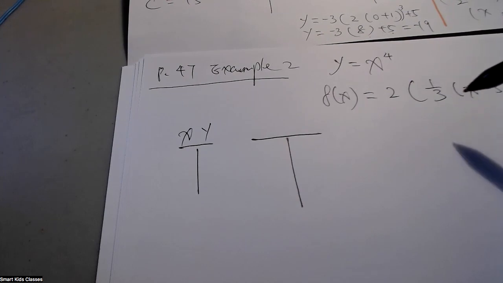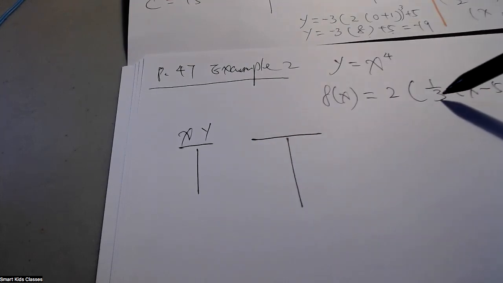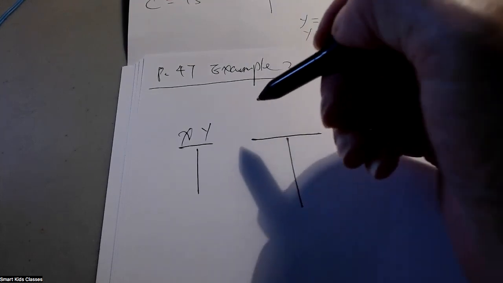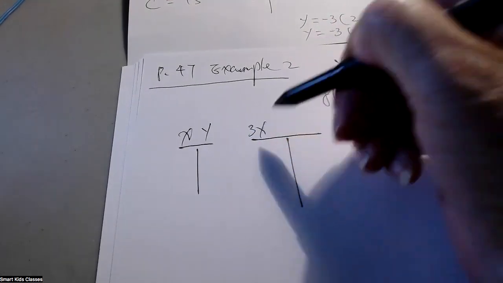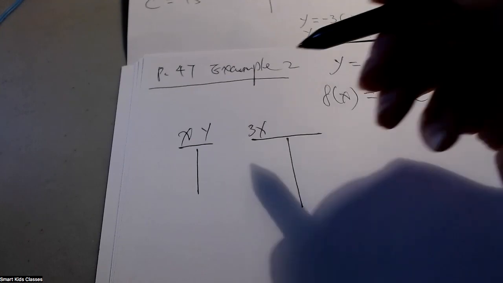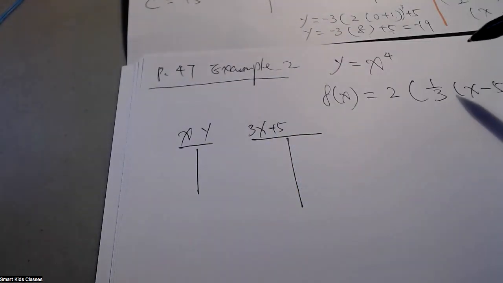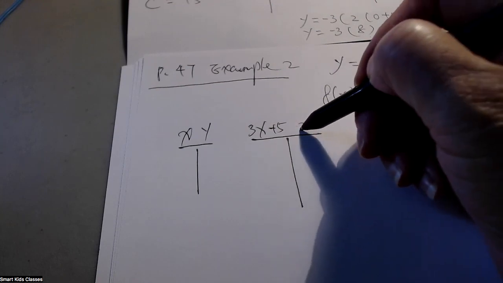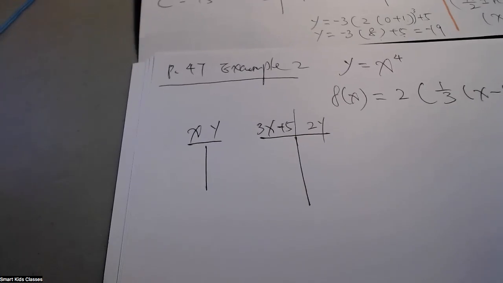X divided by 1 over 3 means reciprocal, the division of the fraction will be x times 3. So I'm going to put 3x here. And then plus 5. Now, how about y? Y is times 2. So 2y. So this is the transformation table.